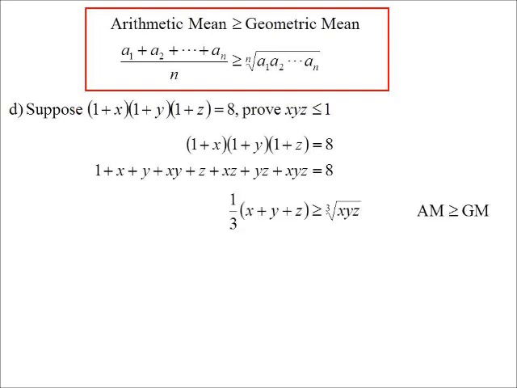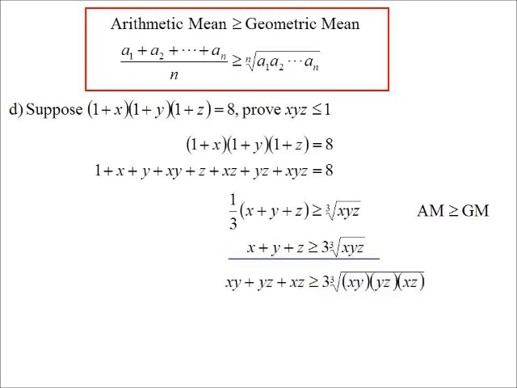Now I know a third of x + y + z is greater than or equal to the cube root of xyz. So arithmetic mean, geometric mean. So x + y + z will be greater than or equal to 3 times the cube root of xyz. But you know, x, y and z, they were just pronumerals. I could have put anything there.